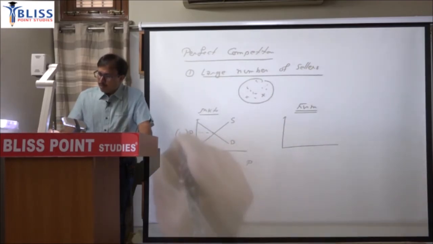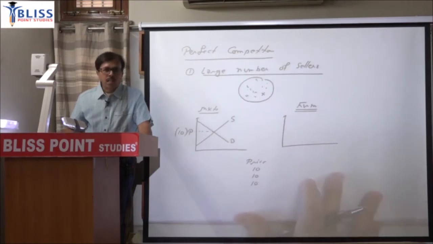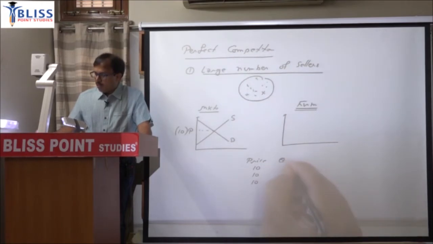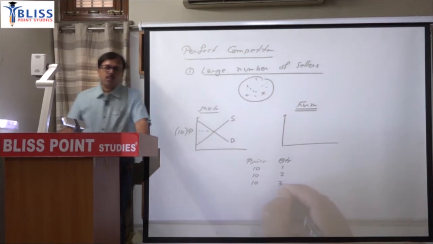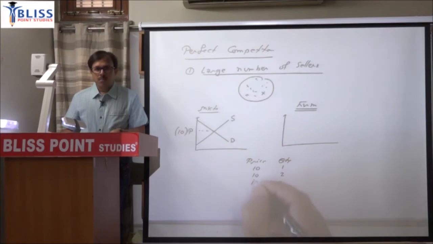Suppose this price comes out to be 10. So for this single firm, price will remain same, and at that same price, firm can sell more quantity. It can sell 1 unit, it can sell 2nd unit, it can sell 3rd unit. So it can sell as much unit as it has at the same market price.